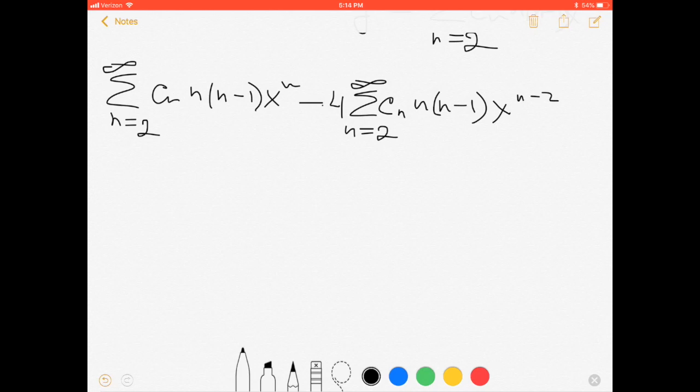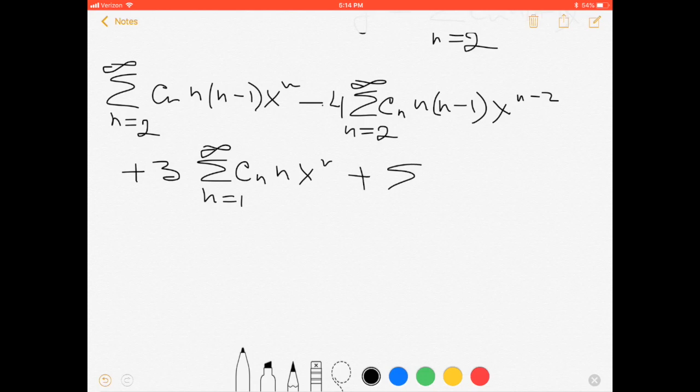Then I have 3x times the first derivative, which gives me plus 3 times the sum of c_n n x to the n, n starting from 1 to infinity. And then I have plus my function y, this means plus the sum of c_n x to the n, starting with 0 to infinity, equals 0. Okay.